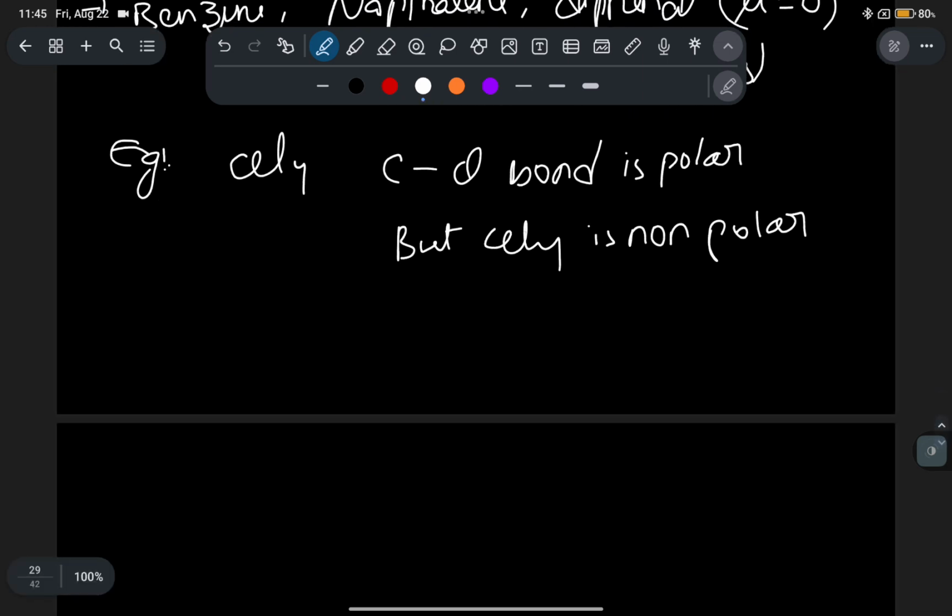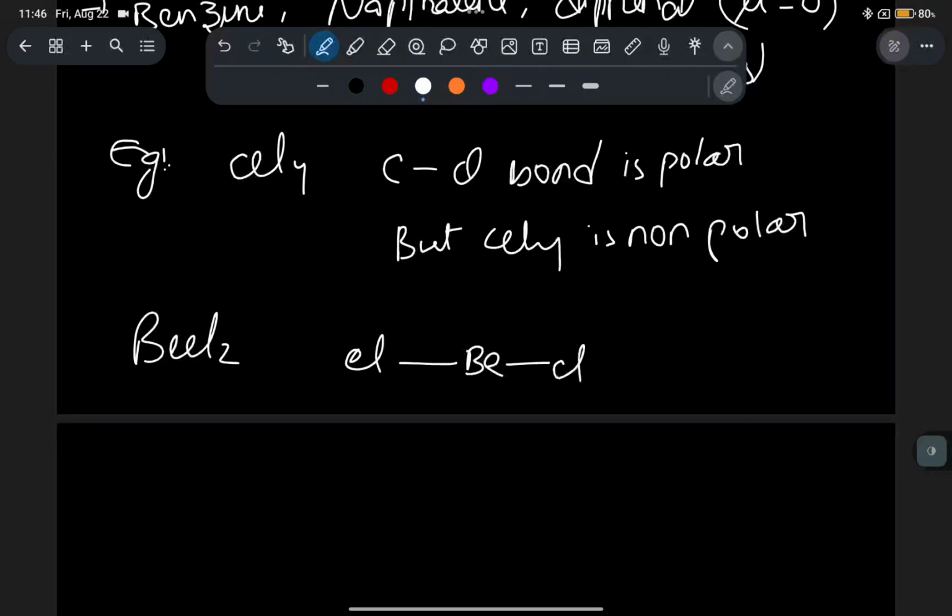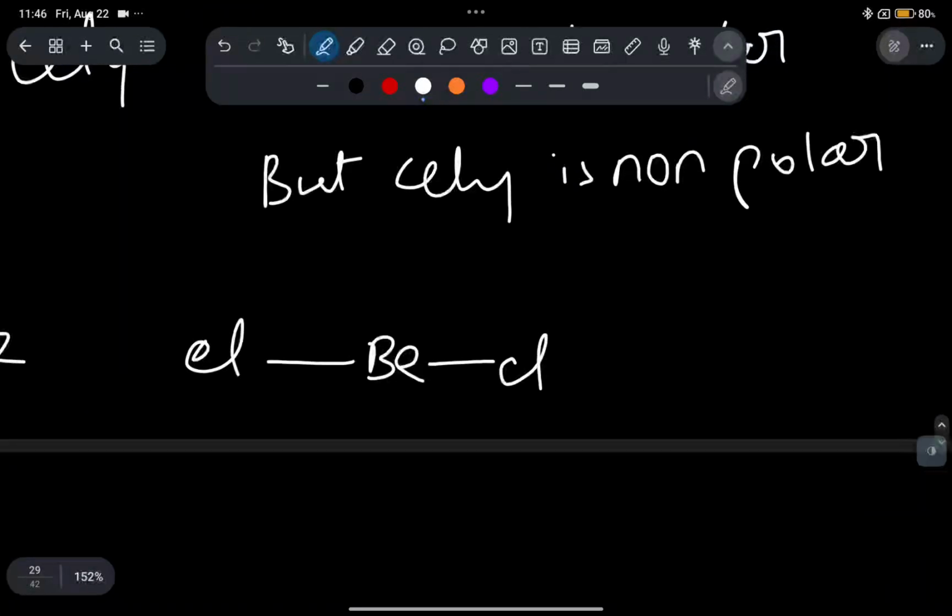In BeCl2, there will be a high electronegativity on this side, and plus this one, this electronegativity. So mu1, mu2.